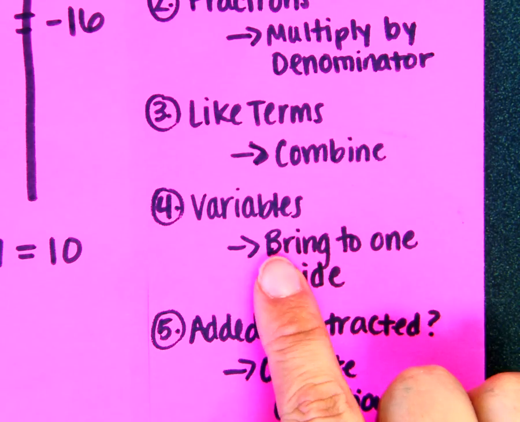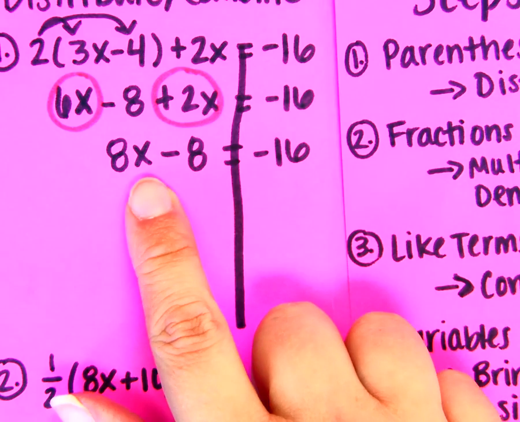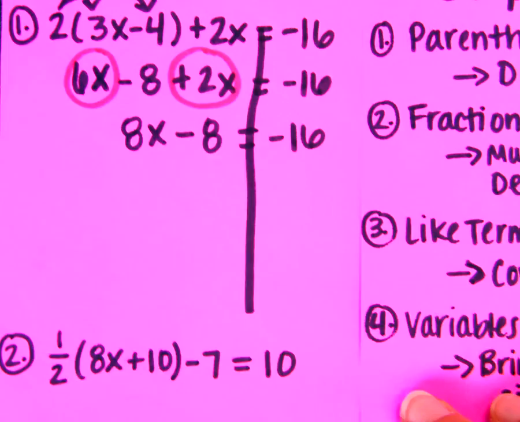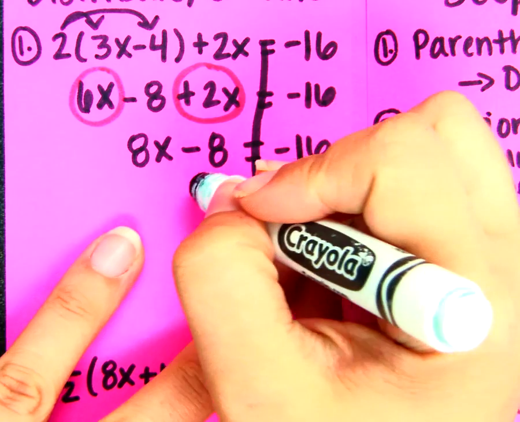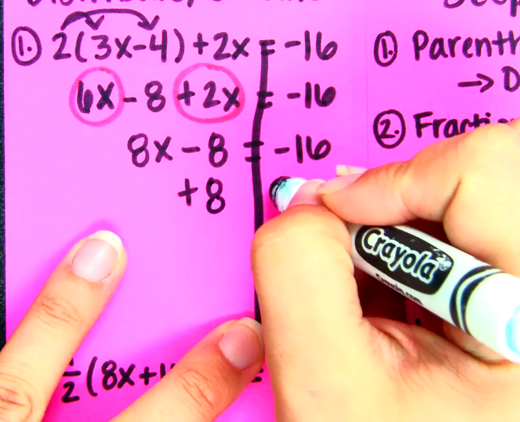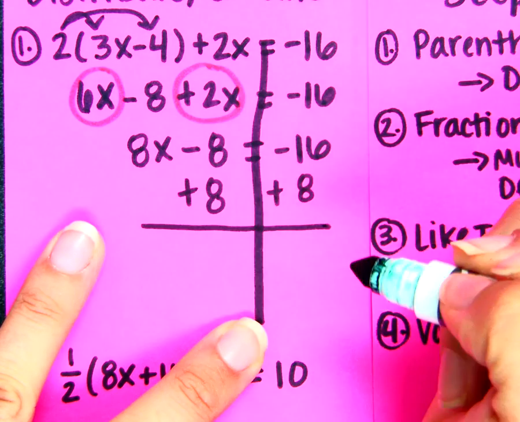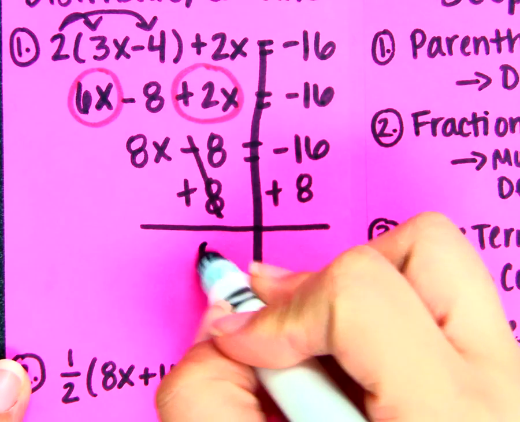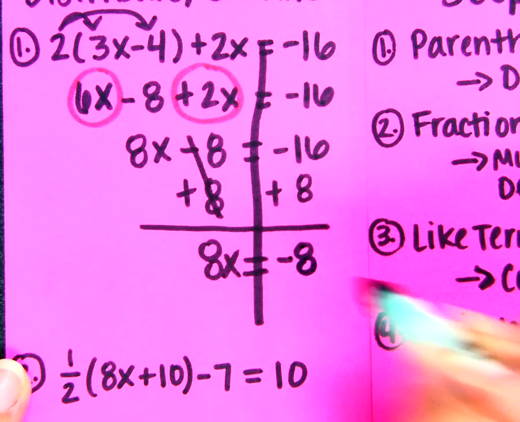Then variables. Bring to one side. Is our variable all on one side? Yes. Adding and subtracting. Well, we have minus 8. So you do the opposite to get your answer. This would cancel, leaving you with 8x equals negative 8.